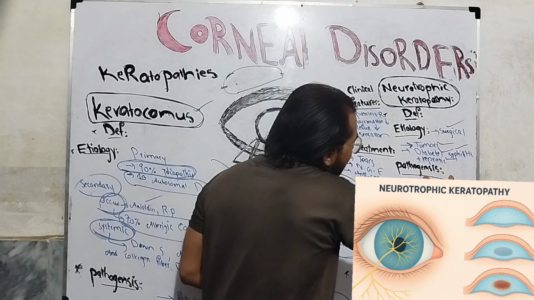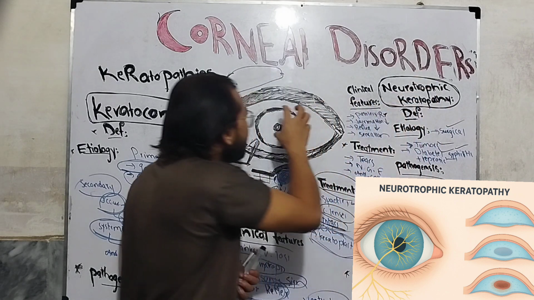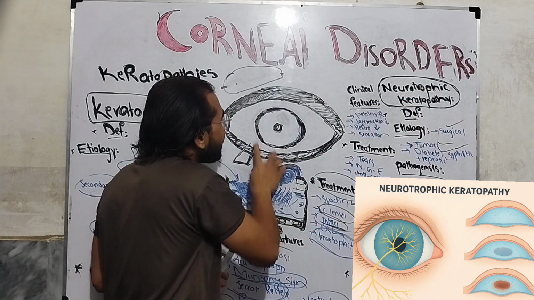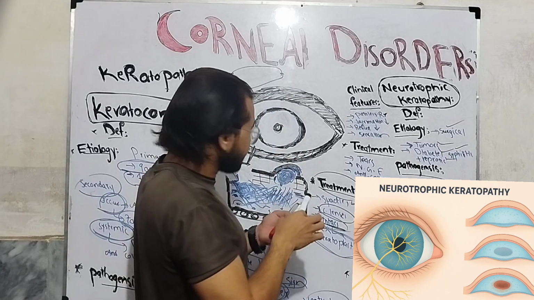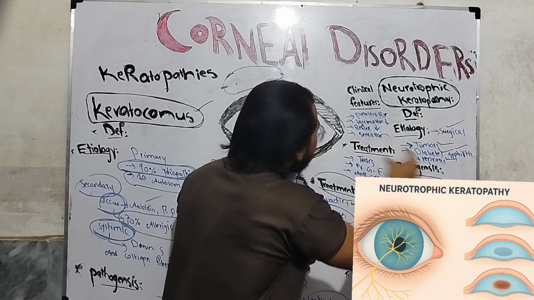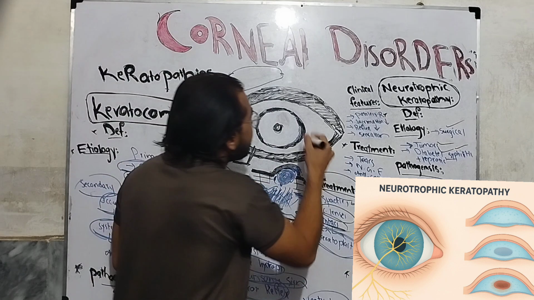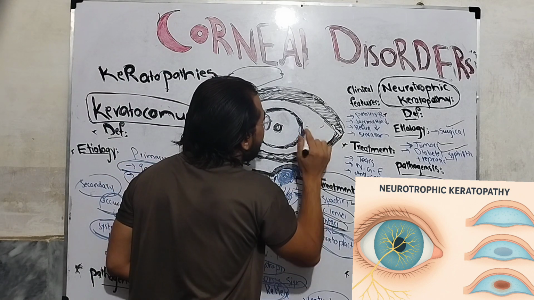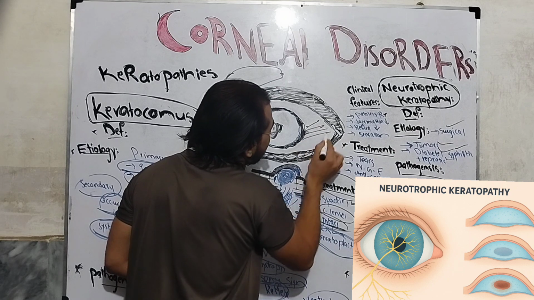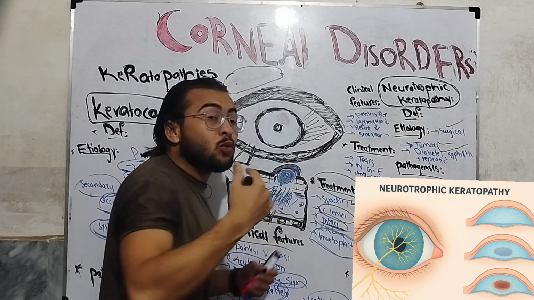So what is the pathogenesis? How can denervation of the cornea cause damage to the epithelium? This is because of multiple reasons. The trigeminal ganglion, through its branches, is supplying the cornea. So it is providing the reflex.